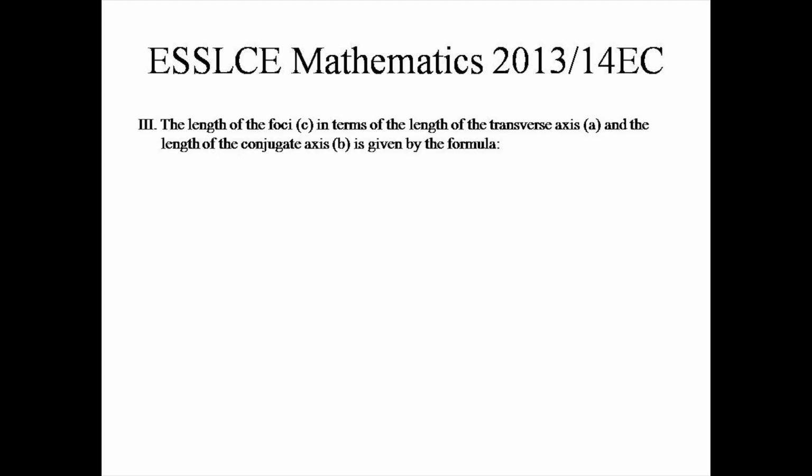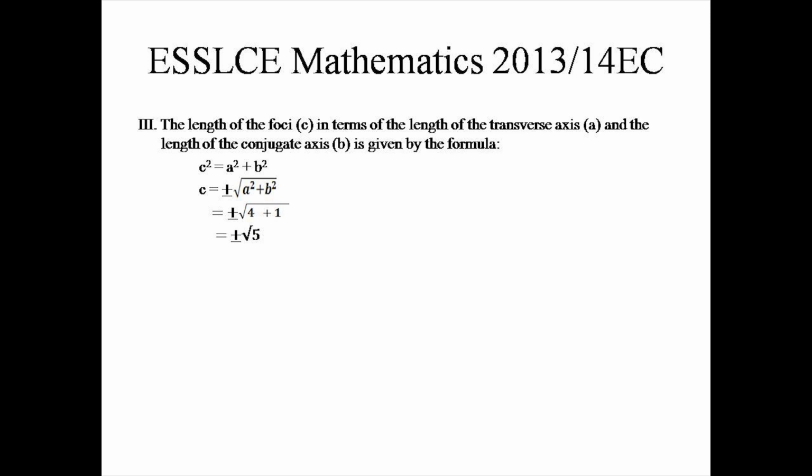Third, the length of foci c in terms of the length of transverse axis a and the length of conjugate axis b is given by the formula c^2 = a^2 + b^2. This implies c is equal to ±√(a^2 + b^2). c is equal to plus or minus the square root of a^2 is 4 plus b^2 is 1. 4 plus 1 is 5.